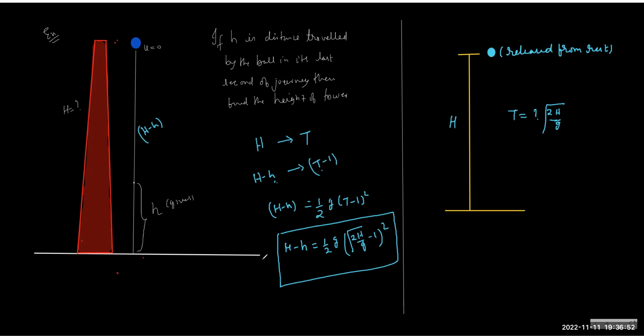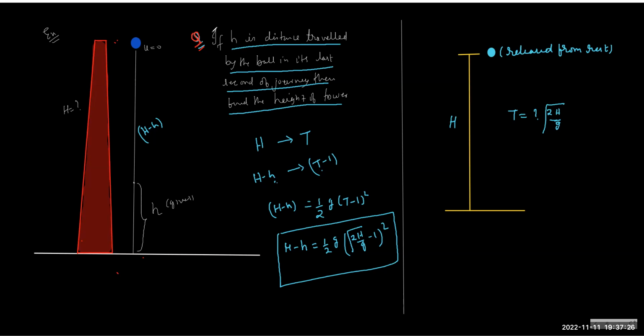So how do we know it travels h distance in 1 second? It is written in the question. Read the question. What is the question saying?